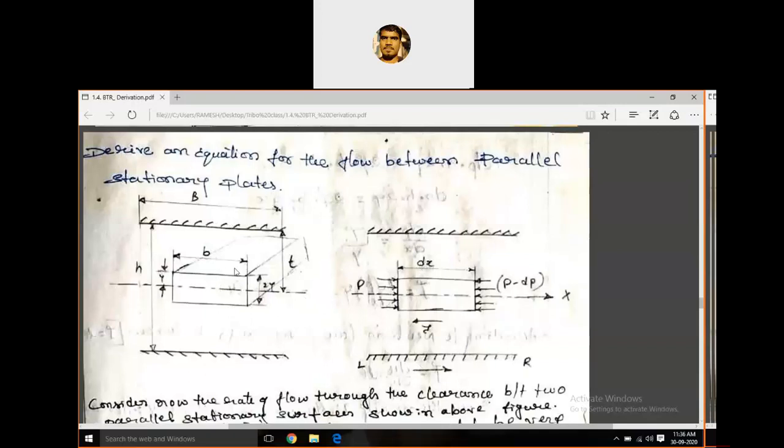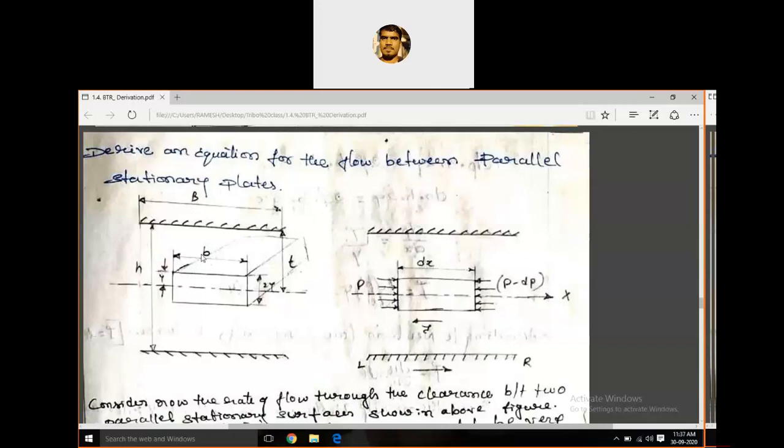Now consider the rate of flow through the clearance between two parallel stationary surfaces, as shown in this figure. The width of the plate or surface is capital B, which is very large compared to the small b.